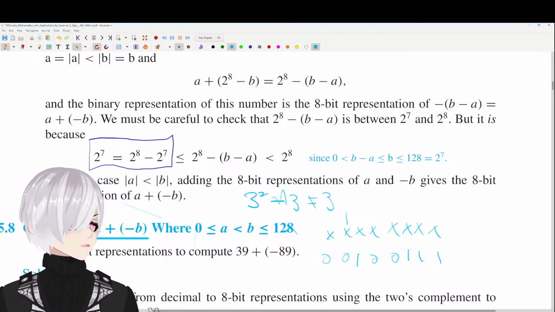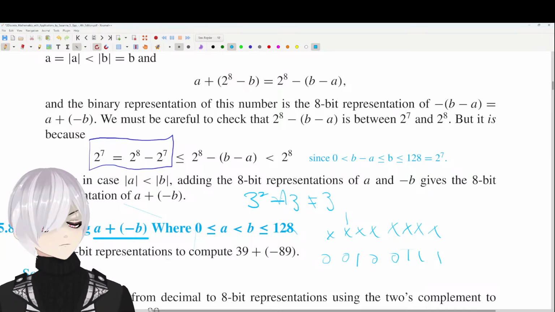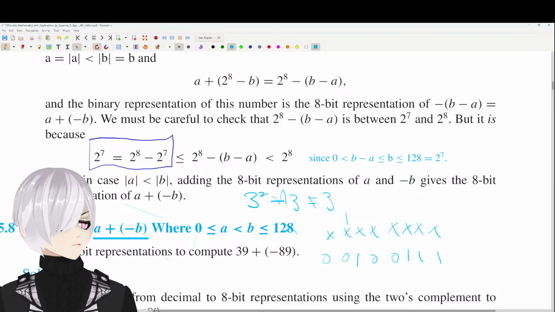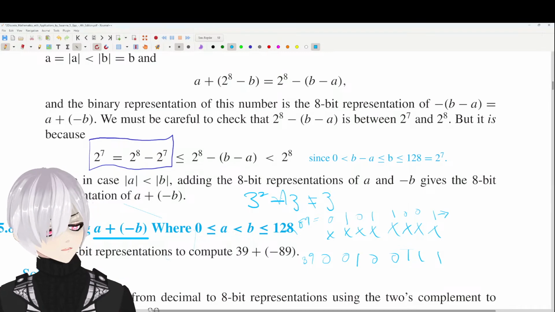We can get 16 and 9. The 2's complement of 89.